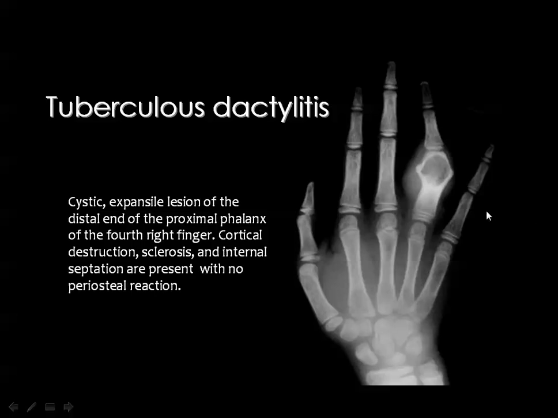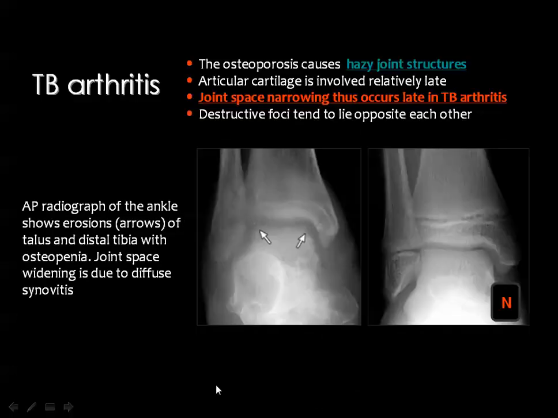And this is an example of TB dactylitis affecting the proximal phalanx of the fourth finger with sclerosis and cystic changes and osseous inflammatory granulation tissue.